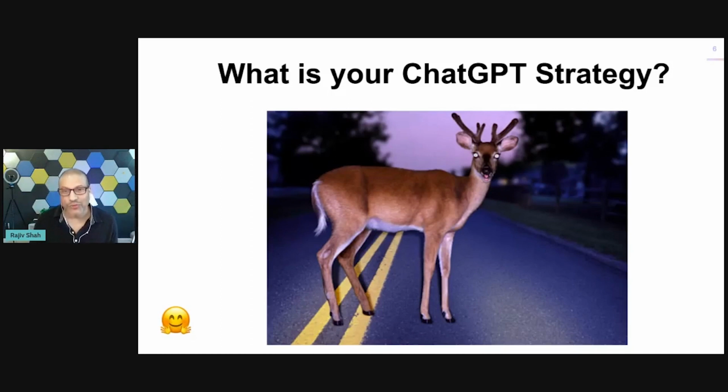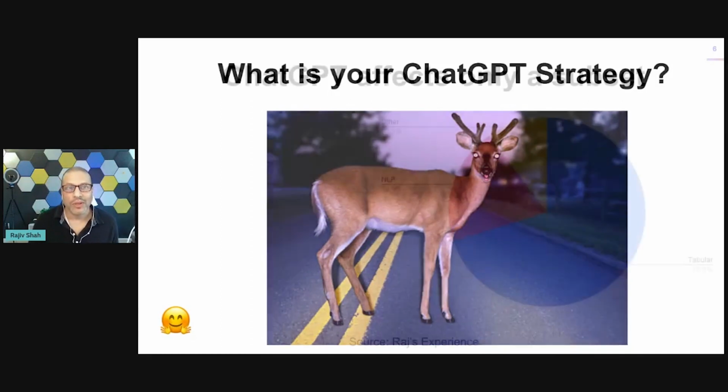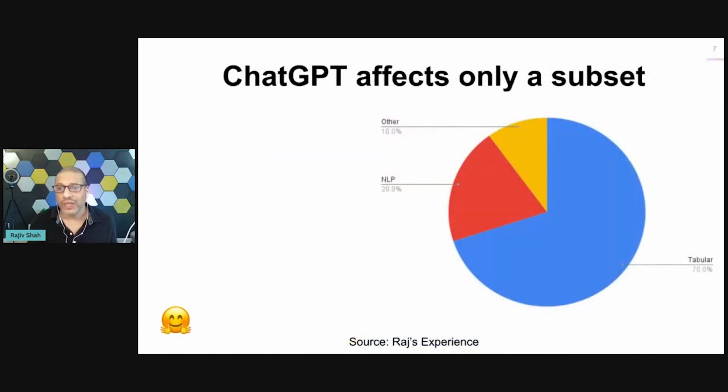So what I want to do is just let people know, first of all, when we're thinking about large language models, most of them at this point are really text-based. And that is just a subset of probably all the different use cases that you have planned out over the next 6 months or the next year.